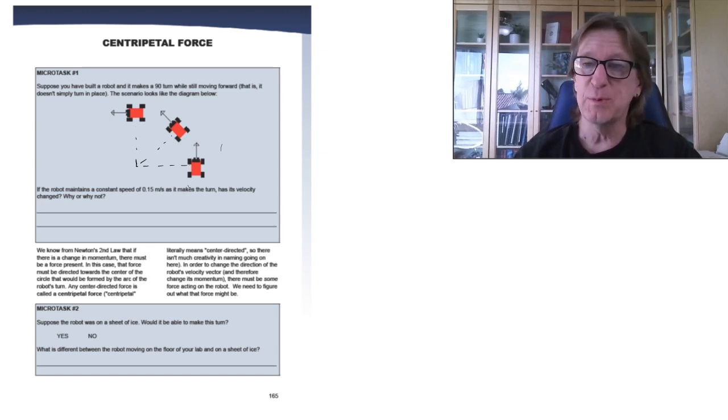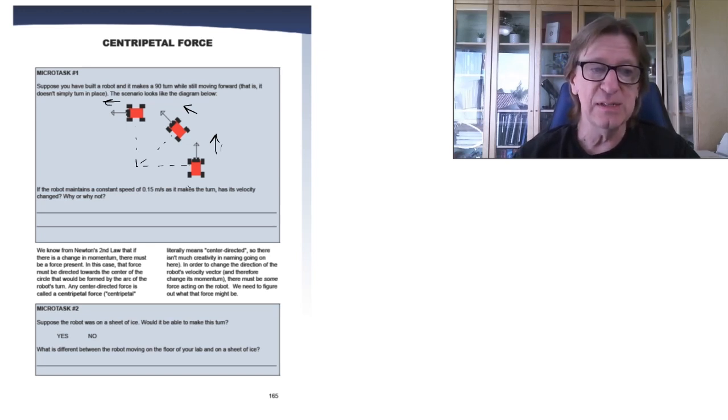Okay, so remember the key here is that a velocity has both a magnitude and a direction. The magnitude in this case is staying the same, but certainly the direction is changing. You can see that I'm going in this direction here, and I'm going in this direction here, and then finally I'm going in this direction here. So my magnitude is the same, but my direction is changing.